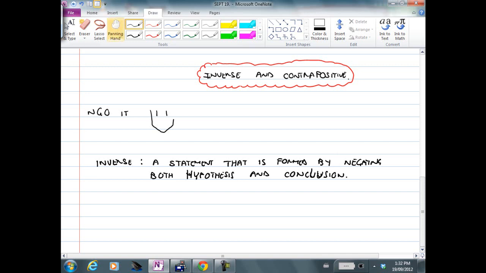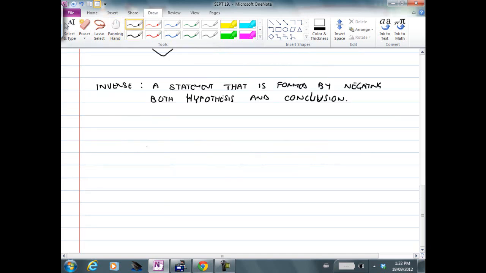Example. You figure out what the inverse of this is. If I am rich, then I am happy. This is your classic conditional statement. I'm going to pause it. I'm going to ask you to write the inverse, without me teaching you the exact meaning of it based on the technical definition.